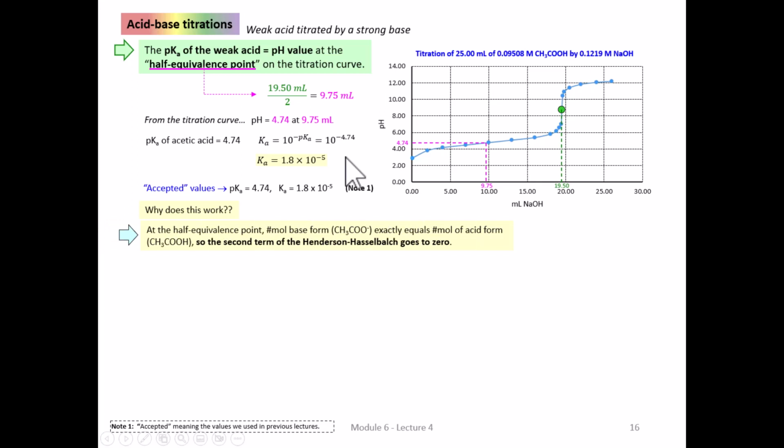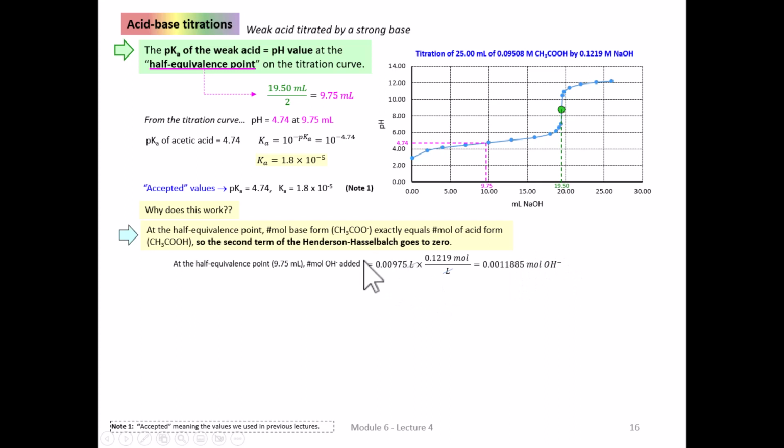At the half equivalence point, you've half titrated the acetic acid. And at that point, the number of moles of acid left exactly equals the number of moles of acetate that you've produced. So the second term of the Henderson-Hasselbalch goes to 0. Let's demonstrate. At the half equivalence point, we've added 0.0011885 moles of hydroxide.